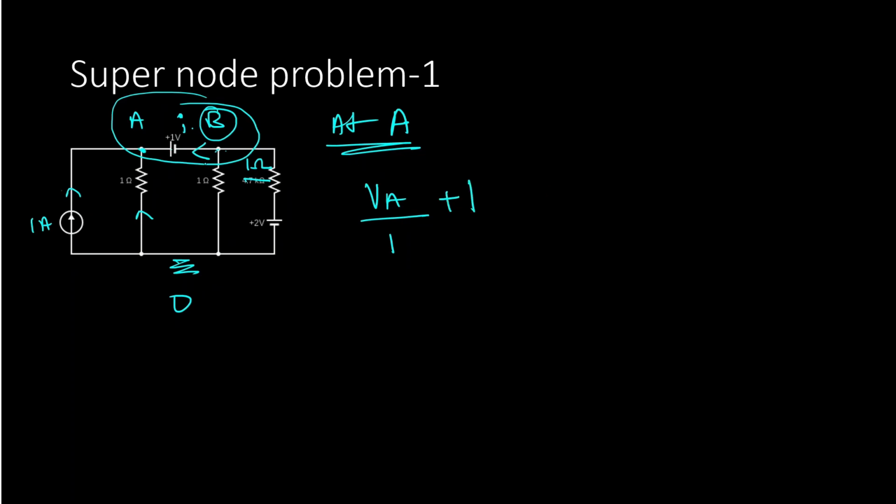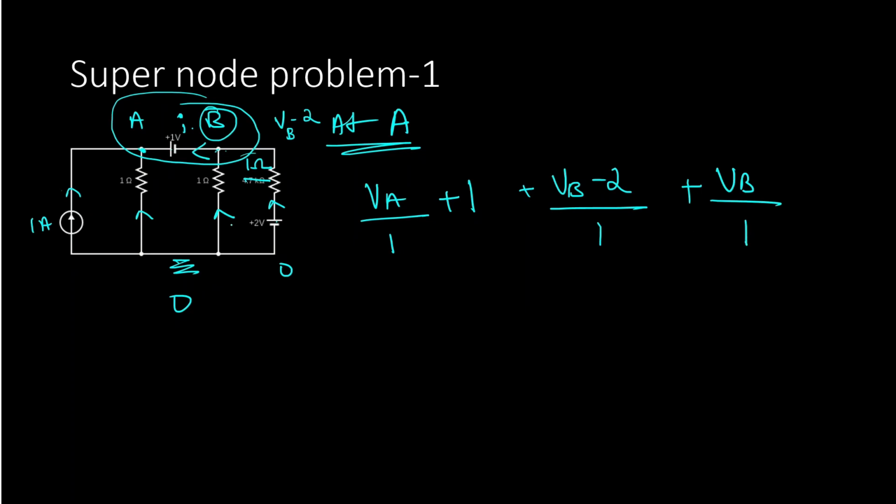Then we have the currents through B, where we consider VB minus 2, so plus (VB minus 2) by 1. The current pushed through this 1 ohm resistance is (VB minus 2) by 1, and the current pushed through this resistance is VB by 1.